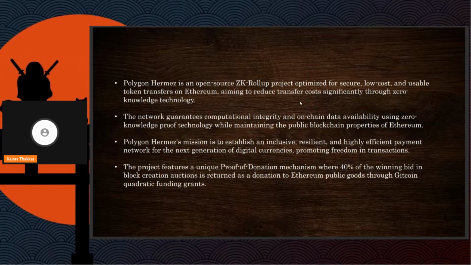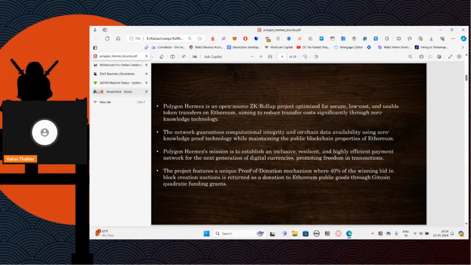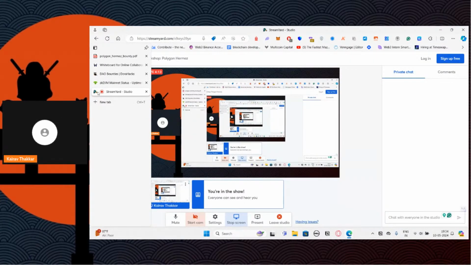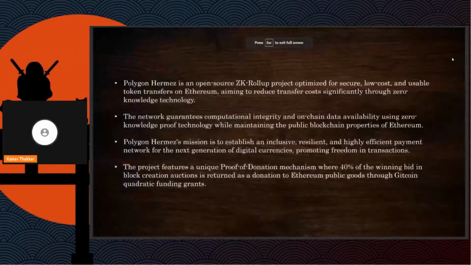Zero knowledge technology, as its name suggests, is trying to provide zero knowledge and at the same time prove that it is valid. How we do it, I have a very intuitive example coming up that puts into picture how zero knowledge proofs are used in the industry, and we'll move forward with it.